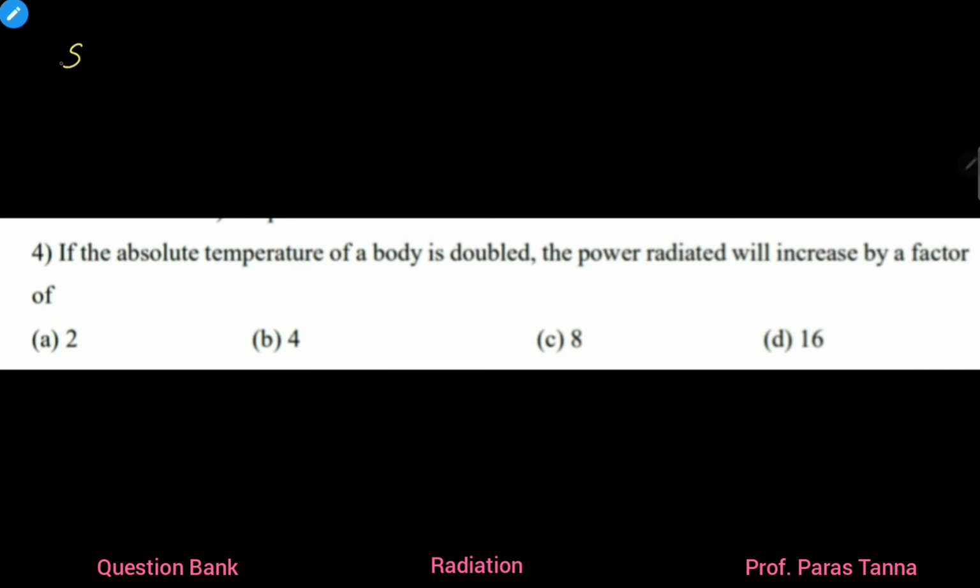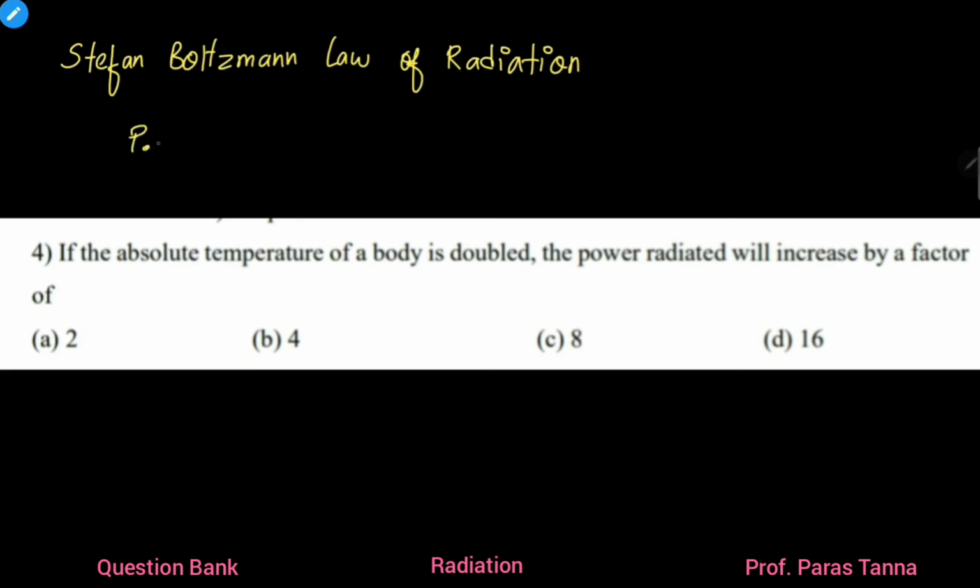Students, using Stefan-Boltzmann law of radiation, we can say like this: the power radiated by a body is directly proportional to the fourth power of its absolute temperature.